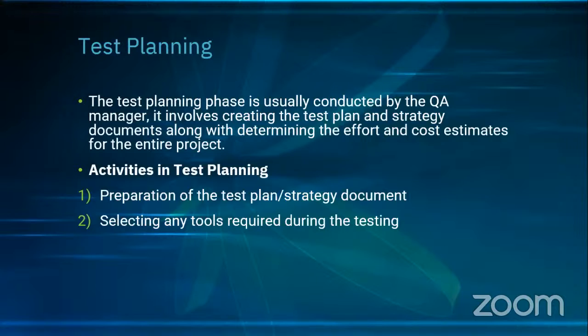For your automation, you are going to use Selenium WebDriver and Visual Studio. All these are tools that you're going to use, so you also need to plan for them. If it's going to be paid for, if you need licenses, all this needs to be part of the activities when you are planning.